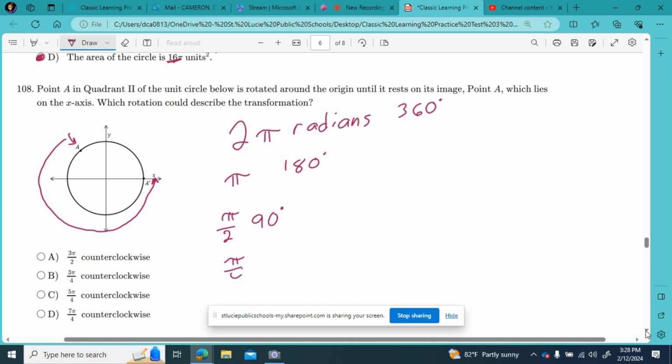And pi over 4 would be 45 degrees. So if we moved 45 degrees at a time, that'd be 1, 2, 3, 4, 5. We moved 45 degrees 5 times to get around. So that'd be 5/4 pi, 45 times 5 rotations. So our answer is C.